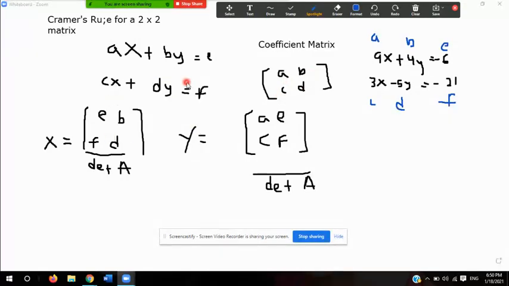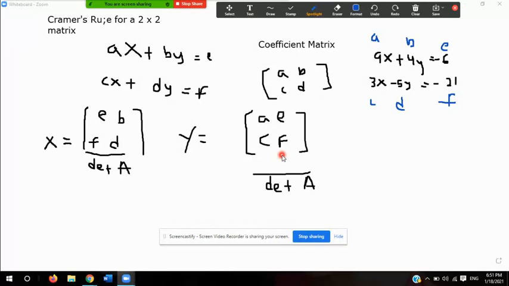Then we take the coefficients of the other matrices. So we take the matrix e, b, f, d over the determinant of A. And then we take the matrix a, e, c, f, and find that determinant as well in order to find the answer. And that's how we get our ordered pair in this case.